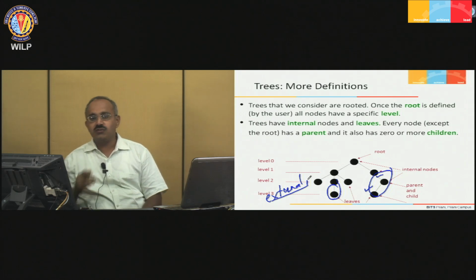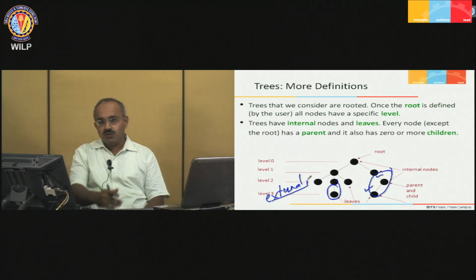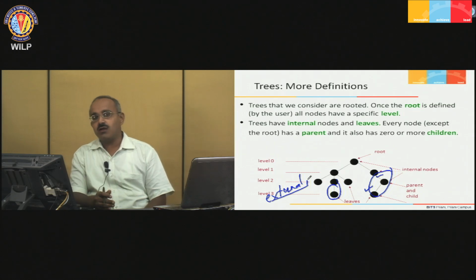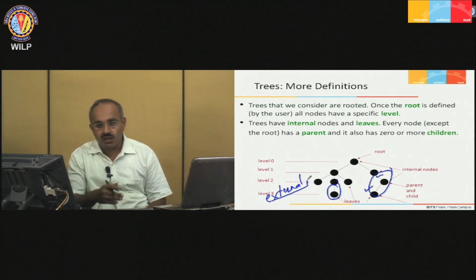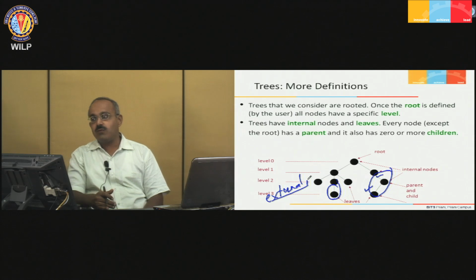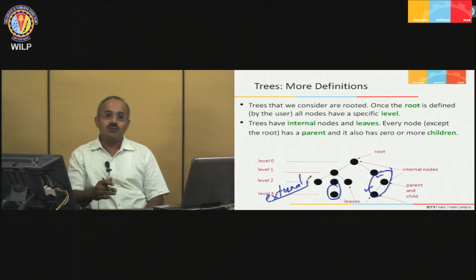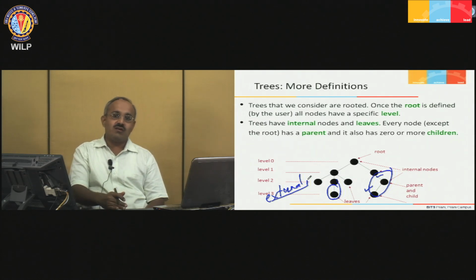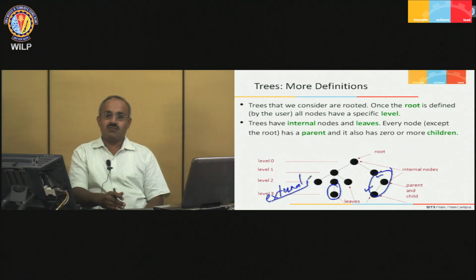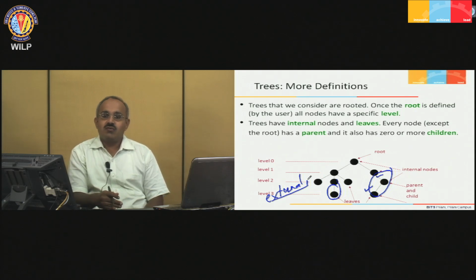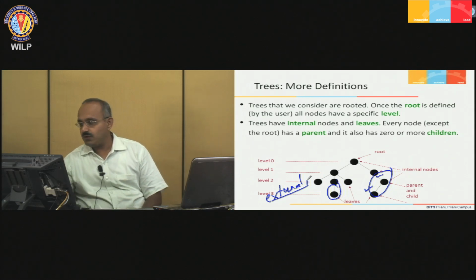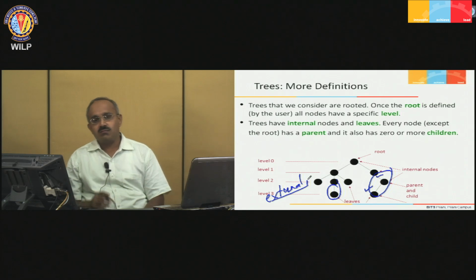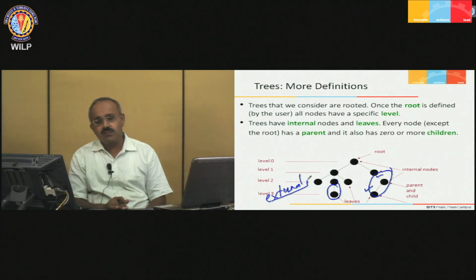Internal nodes are the nodes which we saw have something below them in the representation, or now in more technical terms, a node which has a child will be called an internal node. A node which has no children will be called an external node or a leaf. That is, there is nothing that is going to branch out from there. So these are a few more basic definitions that we are going to use in practice.